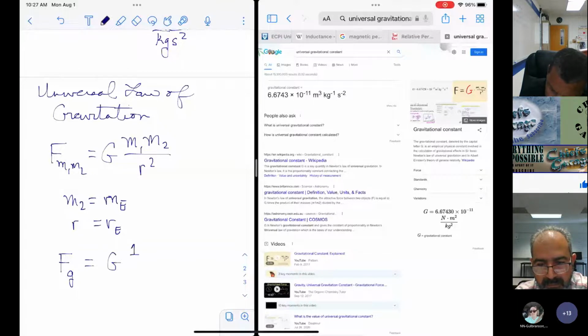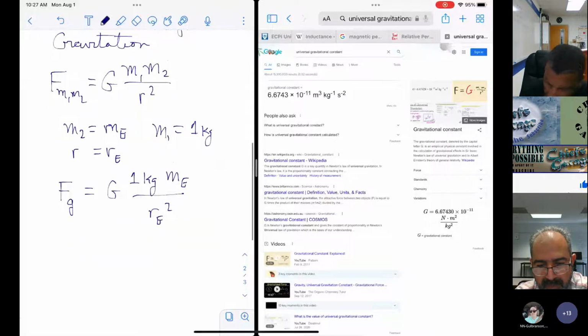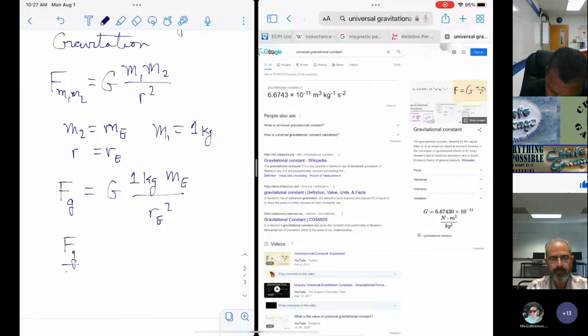So again, our m1 is equal to 1 kilogram times the mass of the Earth over the radius of the Earth squared. So what we'll look at is F_g over 1 kilogram. So g equals G m_E over r_E squared. This is what we're calling gravity.